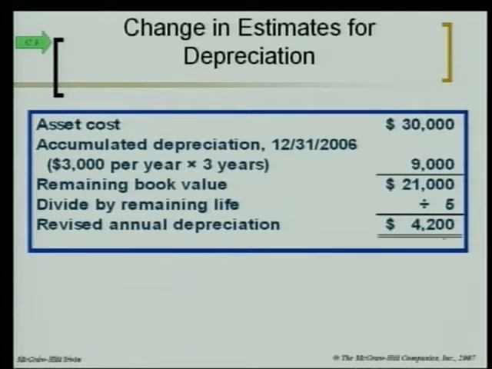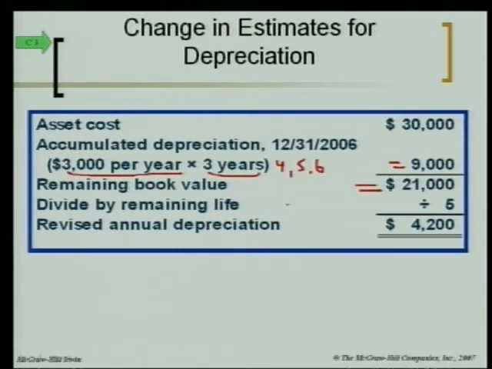We depreciated $3,000 per year for 3 years. We depreciated 04, 05, and 06. Now we're at the beginning of 07. We've depreciated a total of 9,000. So now we subtract that, and we have a book value at 21 grand.